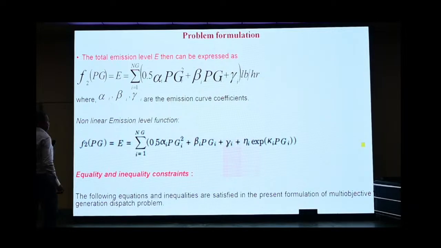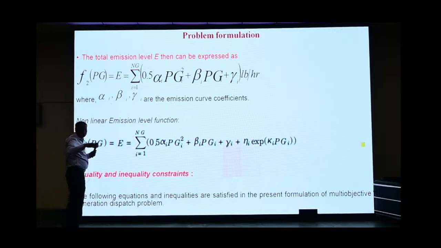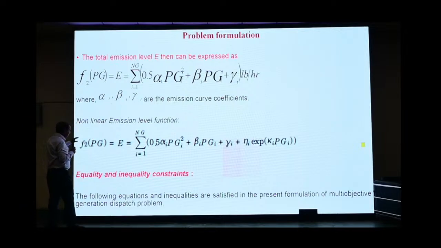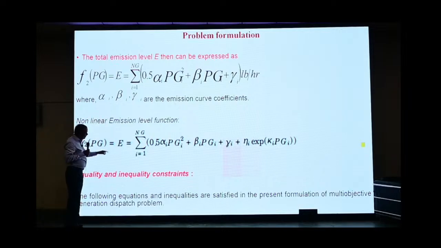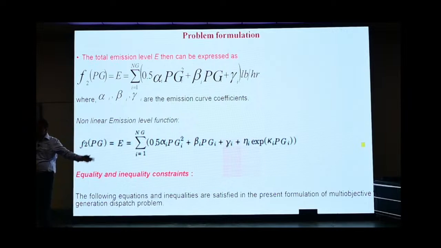What is the expression? Because the emission is measured in pounds per hour, then you multiply by a certain factor, it is converted to money also. Same. So this is the theoretical one, and the actual one is like that. There is a discontinuity, an exponential function is there, mathematical conversion. This is the reality. Understood?